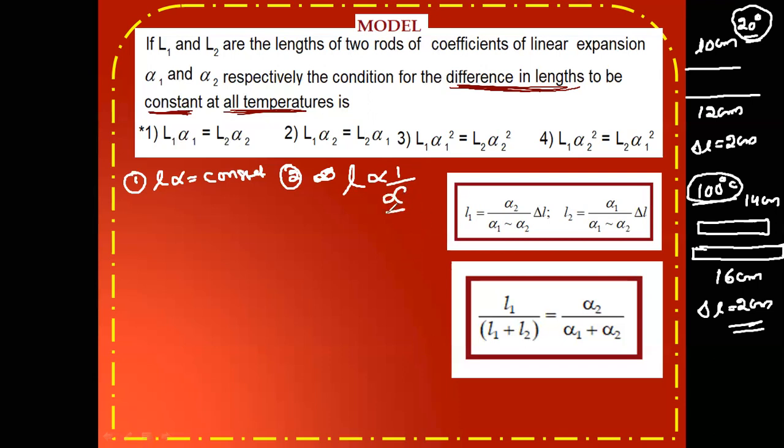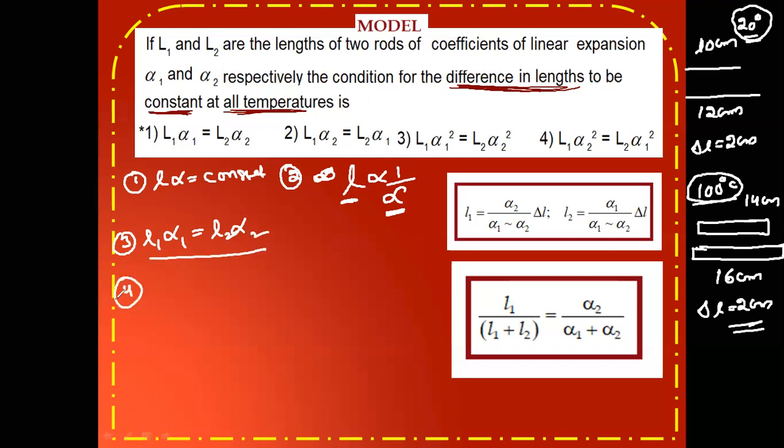If alpha value is less, that material's initial length is more. And the third one, L1 alpha 1 is equal to L2 alpha 2. It is the third point.